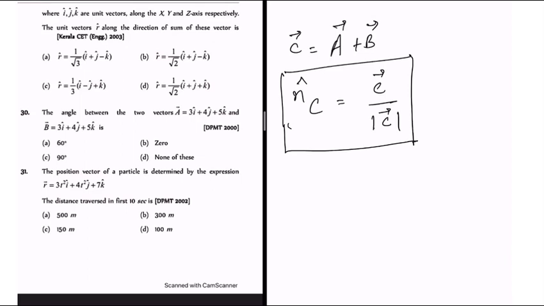The unit vector r cap along the direction of the sum of these vectors: first find R, and then the vector upon its magnitude.